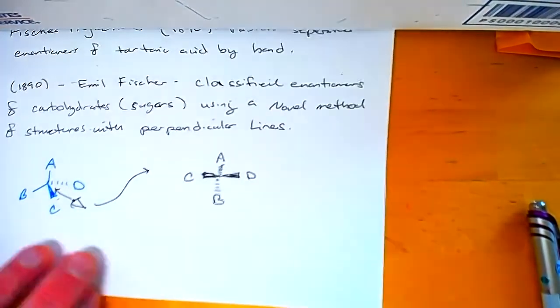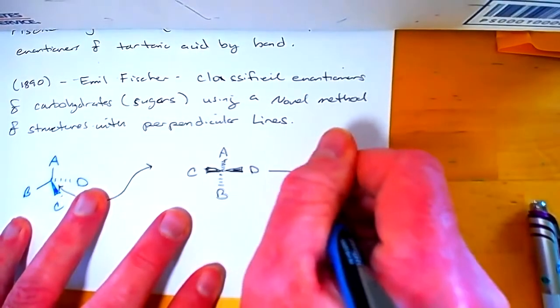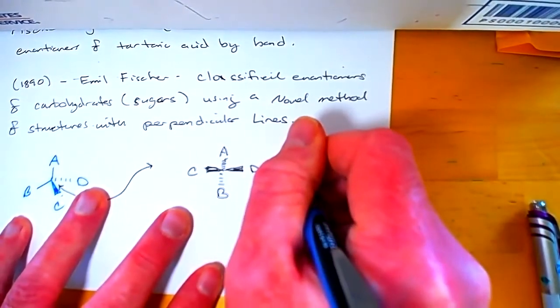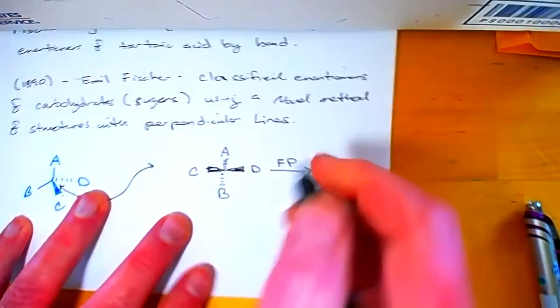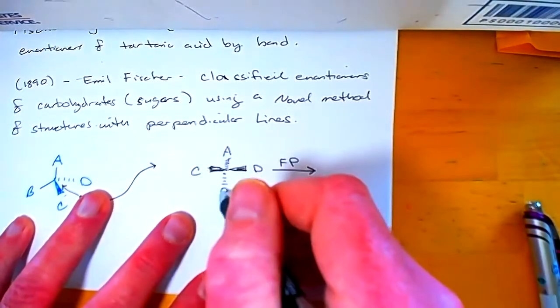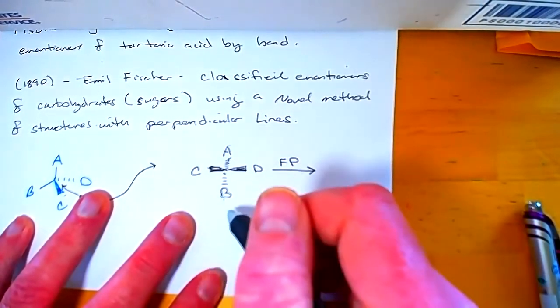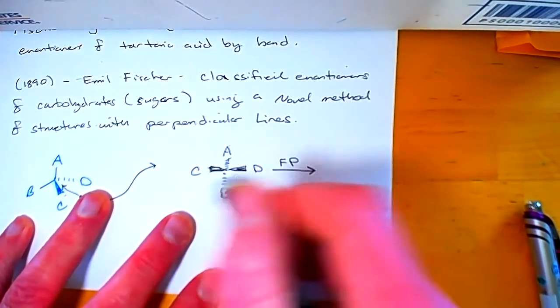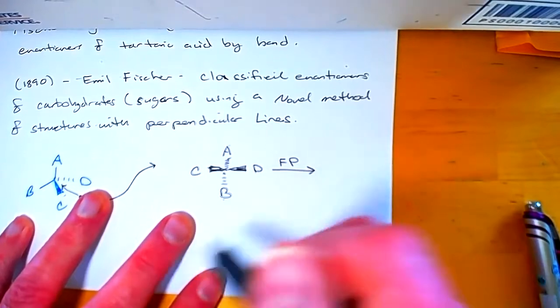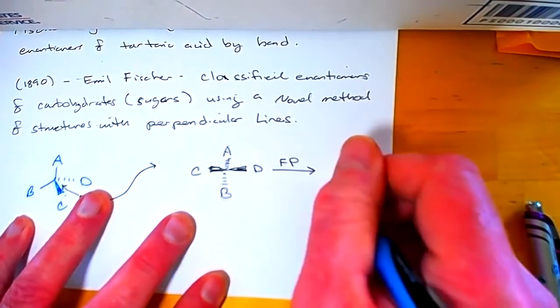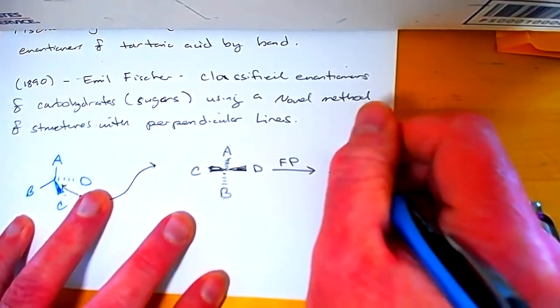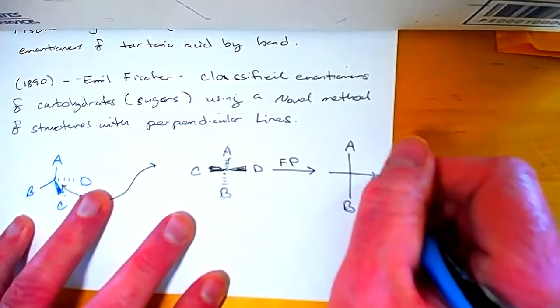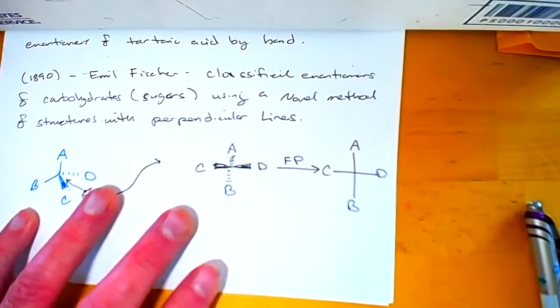The way that Fischer projections work is they imply that the groups pointing on the top and the bottom are pointing away from you, and the groups on the sides, to the left and the right, are coming towards you. And so that is essentially simplified down into just drawing it in this manner.